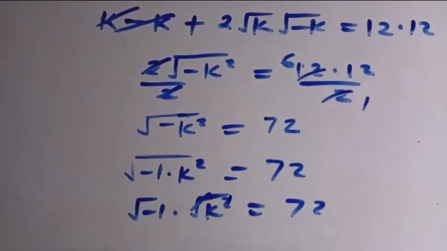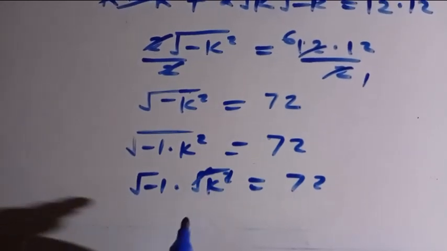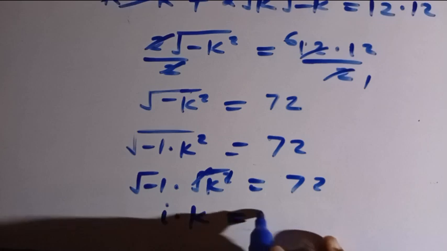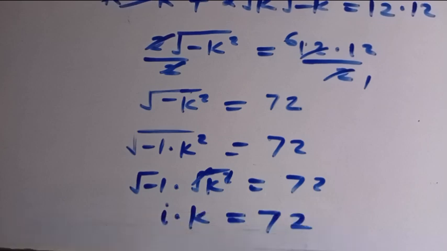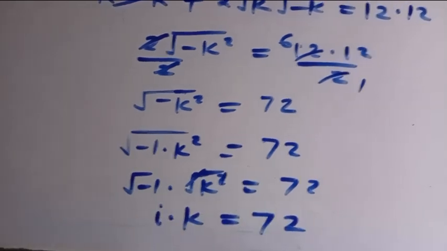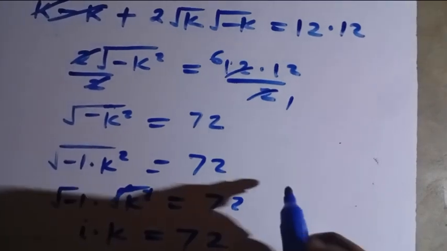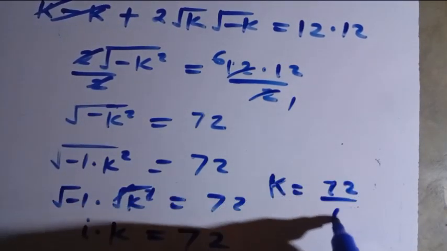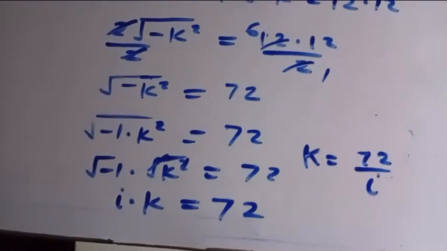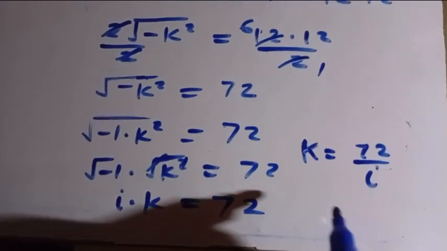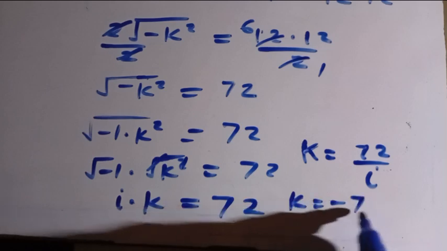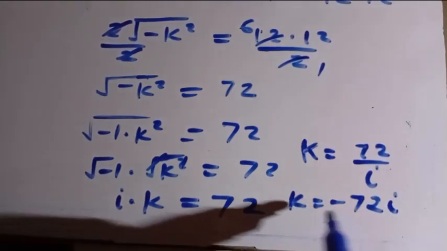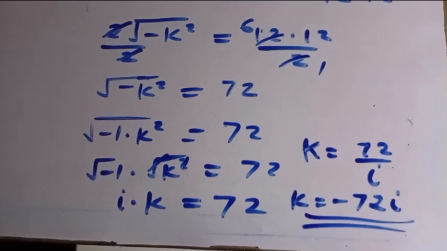So square and square root cancelled, and square root of minus 1 is i. So we have i multiplied by k equals 72. By dividing both sides by i, we have k equals 72 divided by i, and when we rationalize, it's still the same thing as minus 72i. So we get the same result when we apply the first method and the second method.